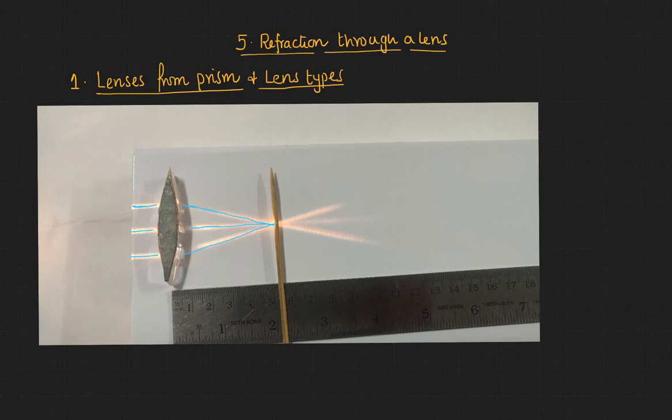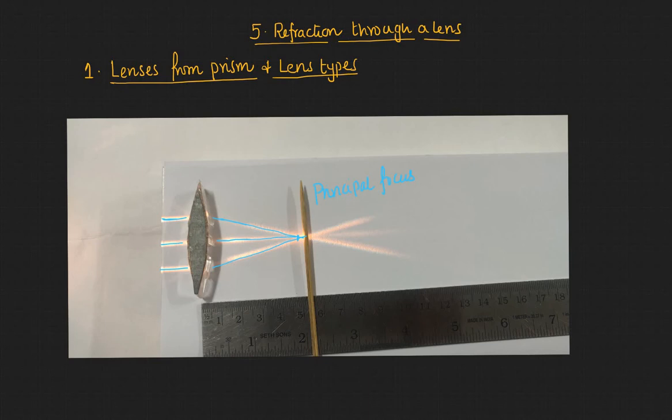You can also observe that there is some kind of dispersion here, and this is normal for a prism, that it splits the colors. What you also see is that the light is meeting at a point, and that point is what we call the principal focus.